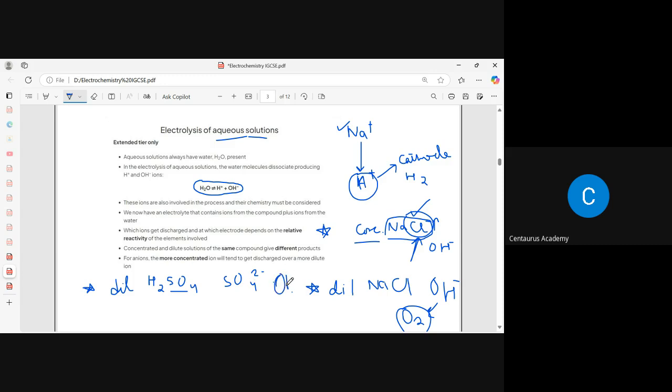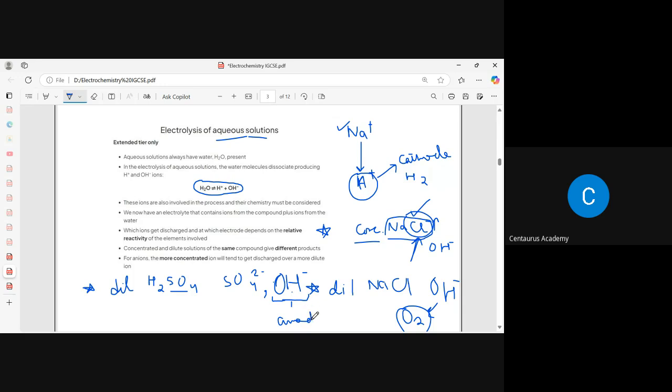Amongst these two, or any other anions which are present within the electrolyte, out of all the halide ions and all the anions that you know, hydroxide has the greatest tendency to be deposited onto the anode.